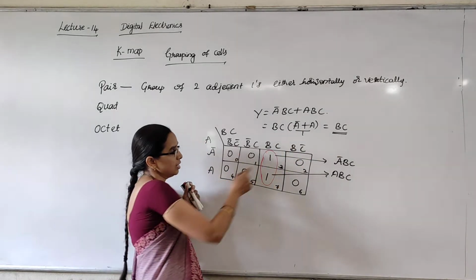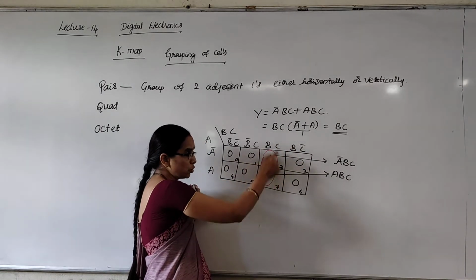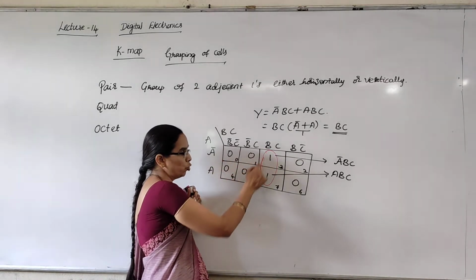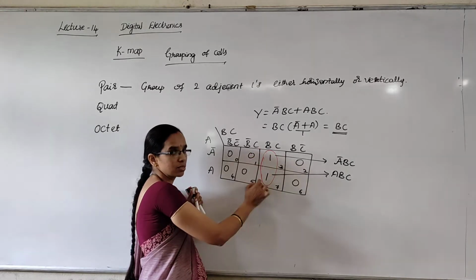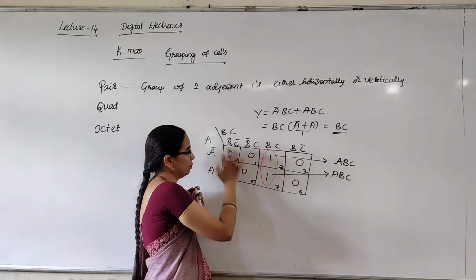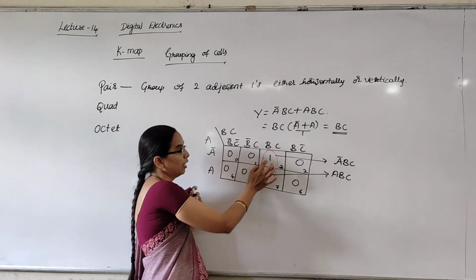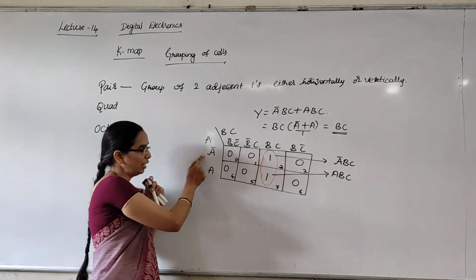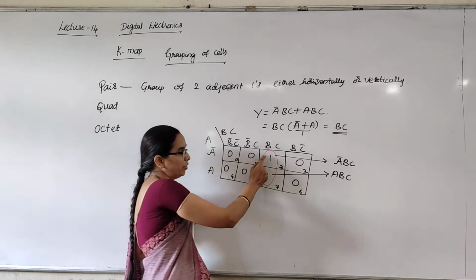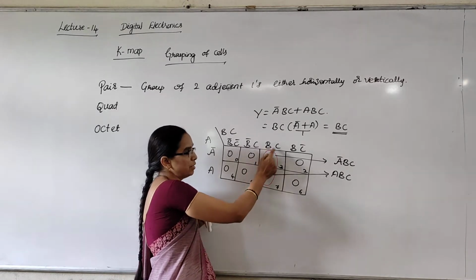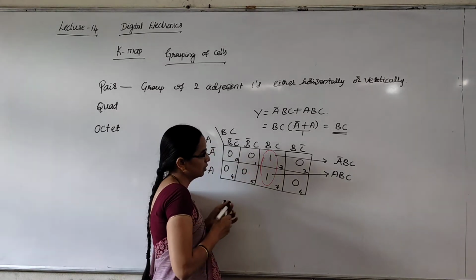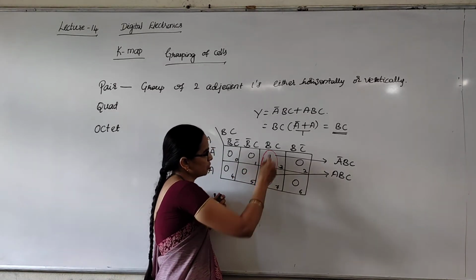How? See, this group is covering two rows and only one column. Between these two rows, the variable A is changing. But in this column, BC is constant.